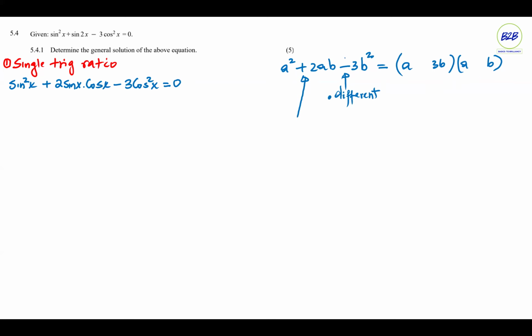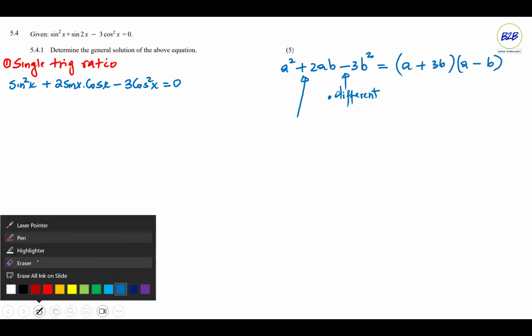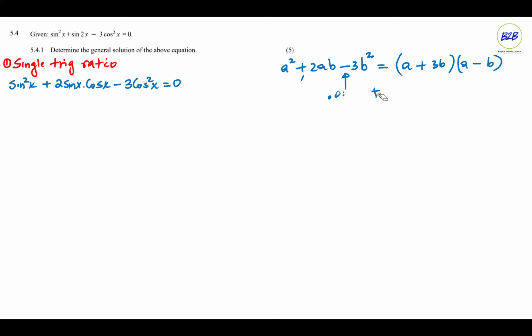The middle term is positive, so the bigger one between 3b and b must take the sign of the middle term. So we are going to have plus there, and a negative there. And that, folks, is how we would factorize that in algebra.